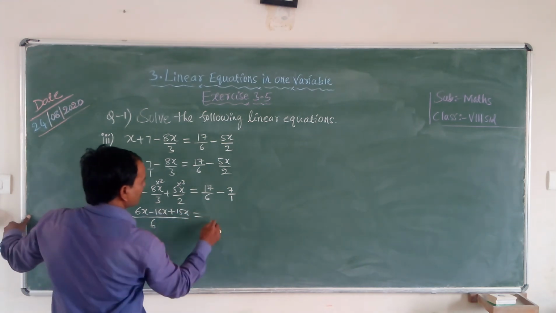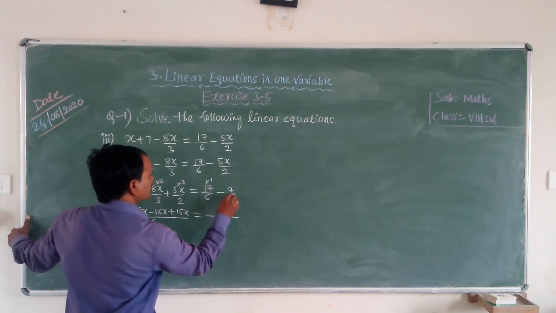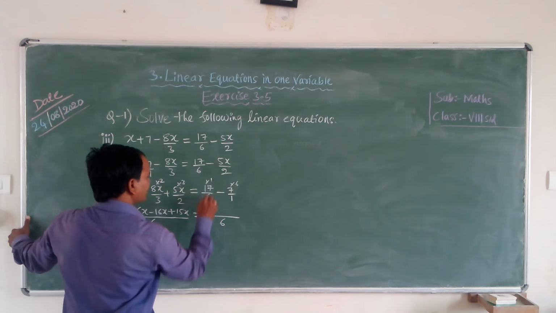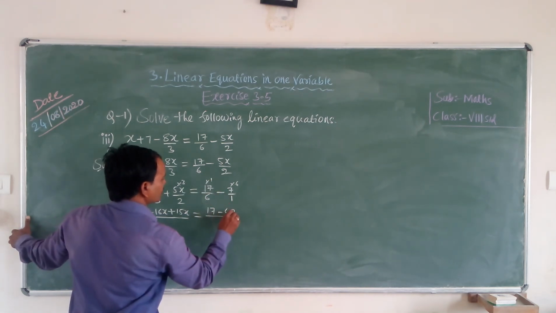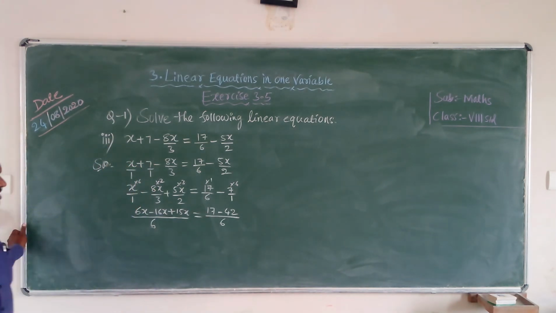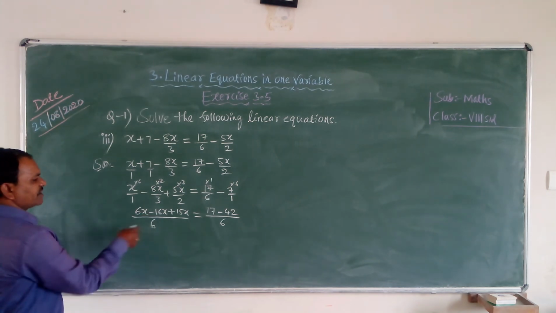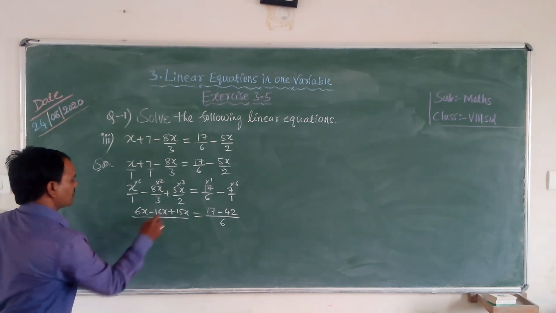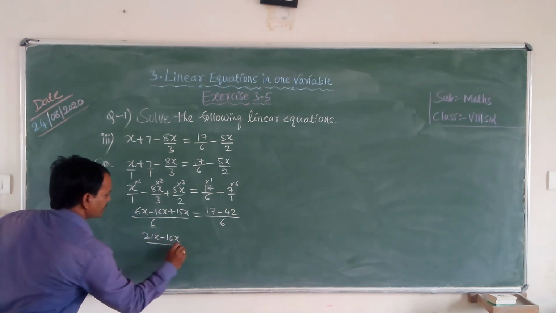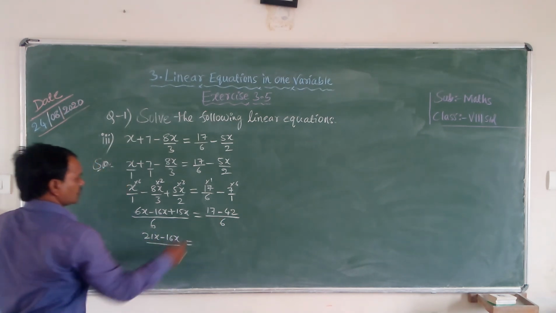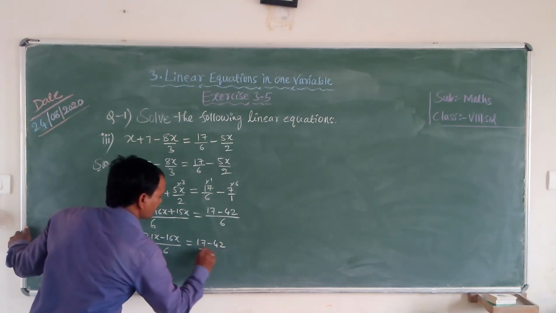What is the LCM? Here also 6 1s are 6 is the LCM. So 6 1s are 6, 1 6 is 6. 17 1s are 17. Minus 7 6s are 42. Very simple technique. So first we add 15 plus 6, 6x plus 15x, so 21x minus 16x divided by 6 is equal to 17 minus 42 divided by 6.